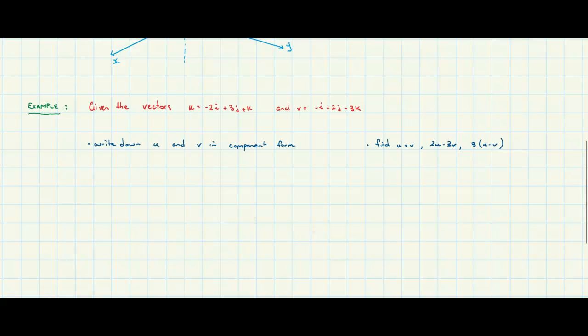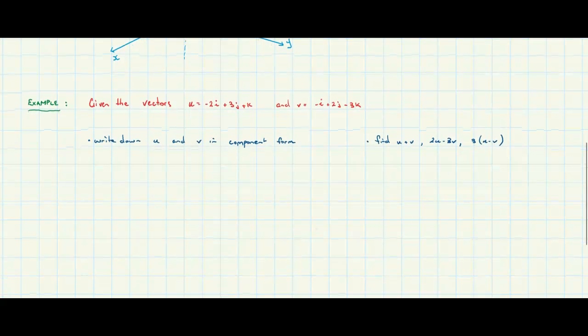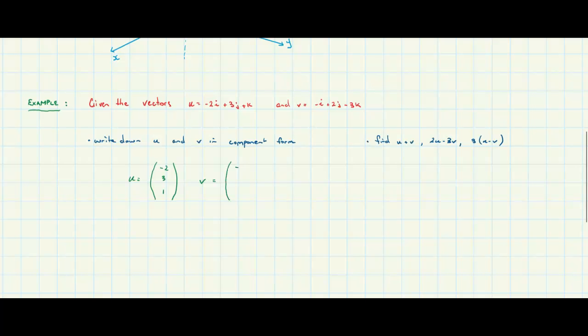Okay, our next example. Given these vectors, u and v, which are in the linear combination of base unit vector form, we're going to convert them to component form. So u will equal -2, 3, 1, and v will equal -1, 2, -3, just looking at those coefficients of i, j, and k.